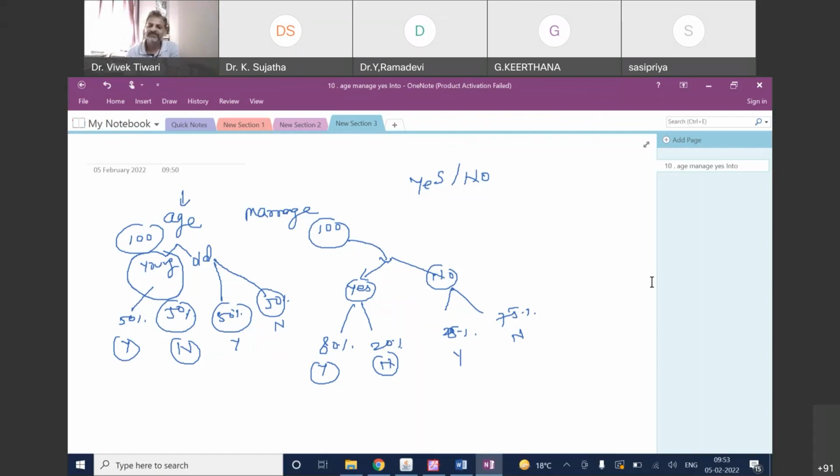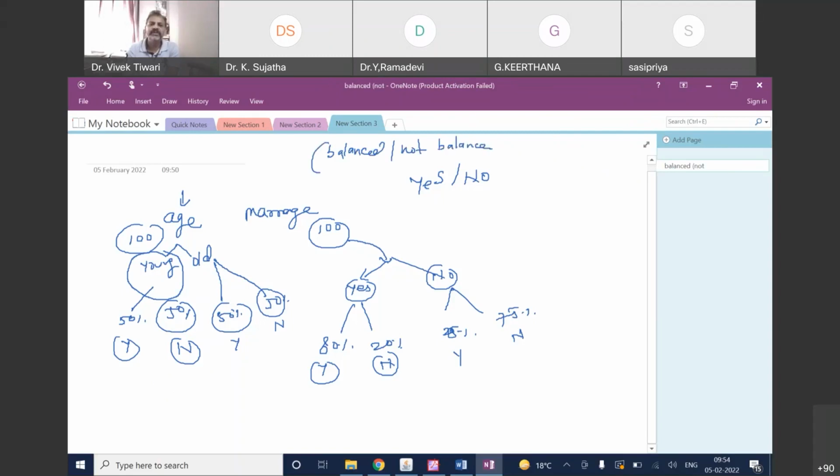Because the data is balanced. You see the age, 50% are here and 50% are there. It means the nature is totally random. I'm using the word balance, and that is not the correct word.